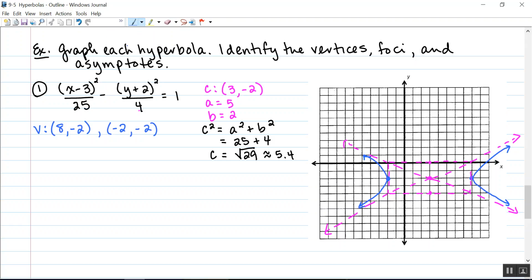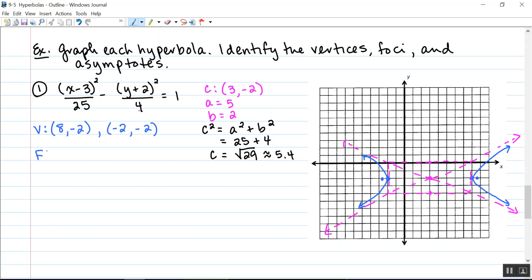Now remember, c is the distance from the center to the focus. So 5.4 units to the right and to the left. So 5 units gives me my vertex, so my focus is going to be right about there. And then 5 units gives me this vertex, and so my focus is going to be right about there.